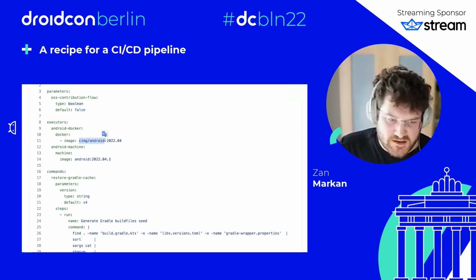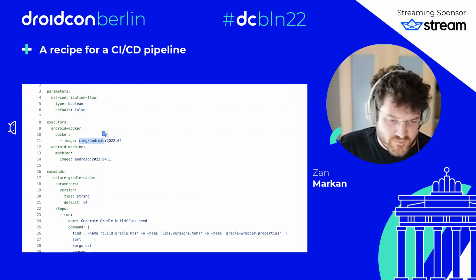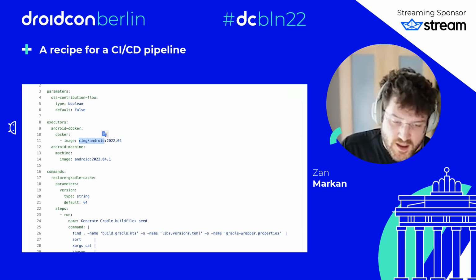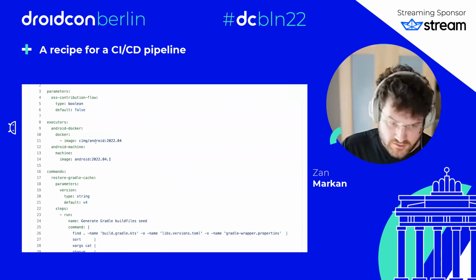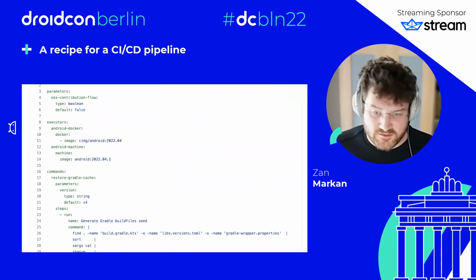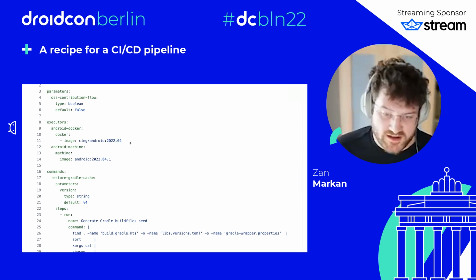They're basically made specifically for CI, and they have all the tools that you might need. So Android SDKs, build tools, and also some convenience tools like curl, jq, etc. that you often need for doing CI related jobs.